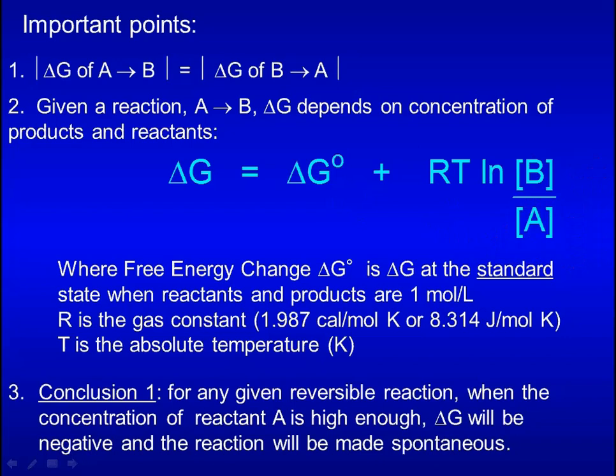This equation is important for understanding change in direction of a chemical reaction. One conclusion we can make from this equation: for any reversible reaction, when concentration of a reactant is great enough, delta G can be negative eventually, and the reaction can proceed in the direction as written.